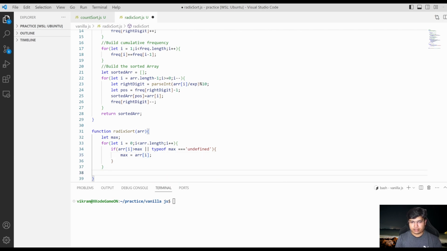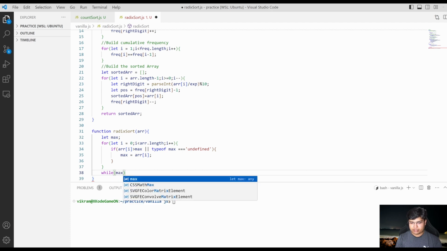And I have to repeat the count sort until there are no more digits to be extracted.